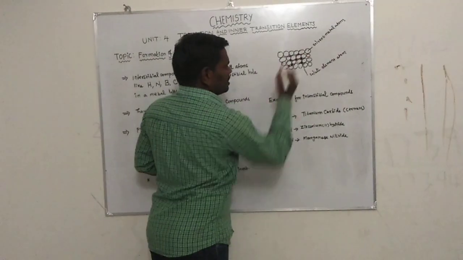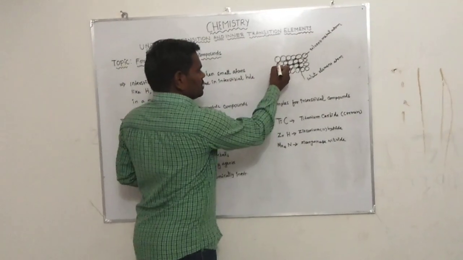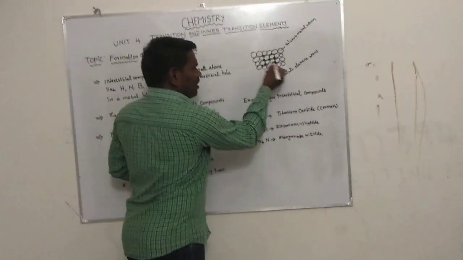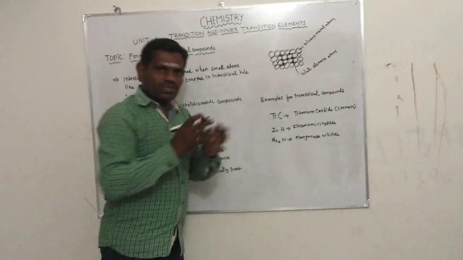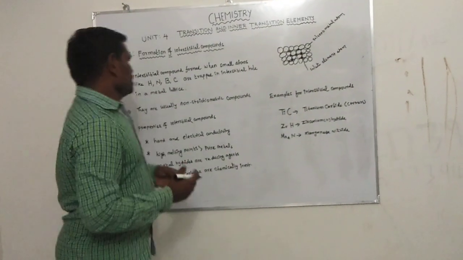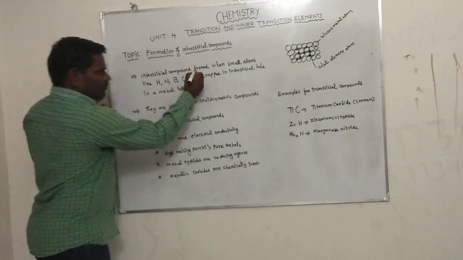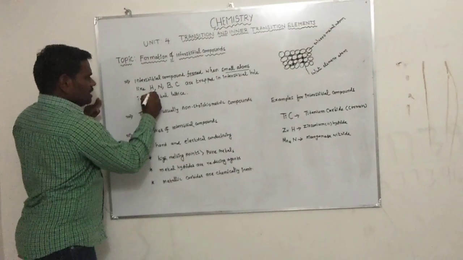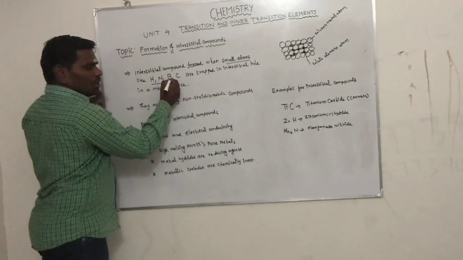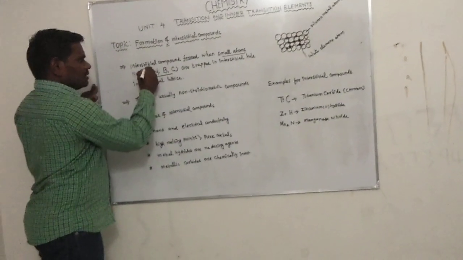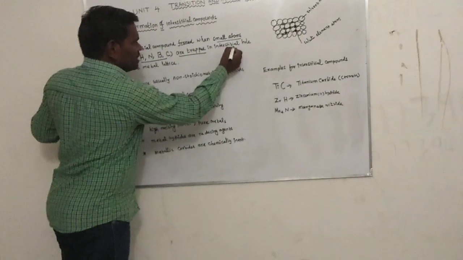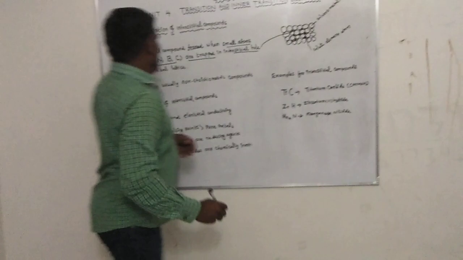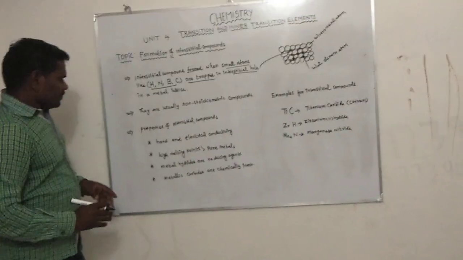The first series atoms and second series atoms, the solute elements, are present in the interstitial positions, which means in between the positions. They are trapped in the interstitial holes in the metal lattice.